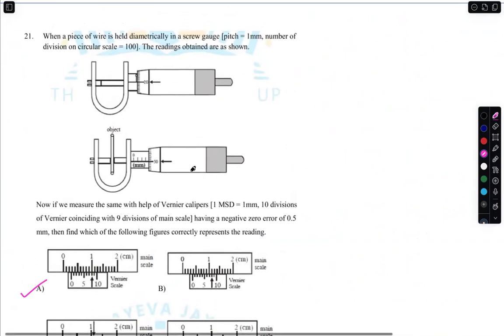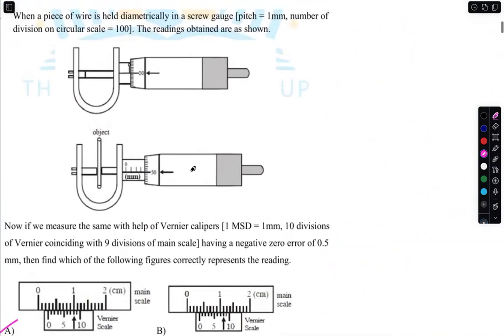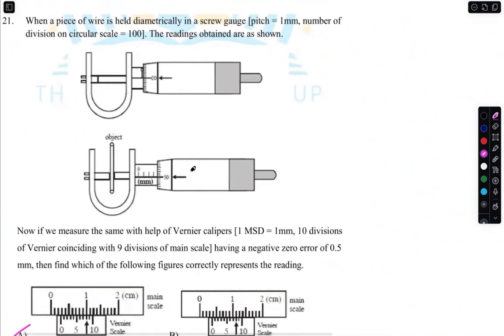Now here you see, when a piece of wire is held diametrically in a screw gauge, pitch is equal to 1 mm. Least count of the screw gauge is 0.01 mm. From the screw gauge, the error is positive. Undoubtedly, when you have 20 here, it means 0 will be somewhere here, so this is a positive error.